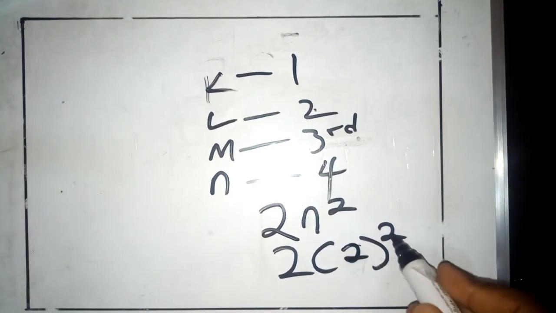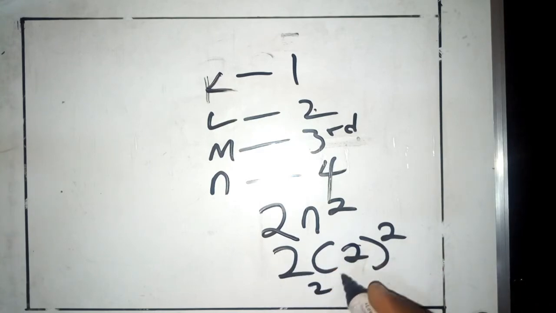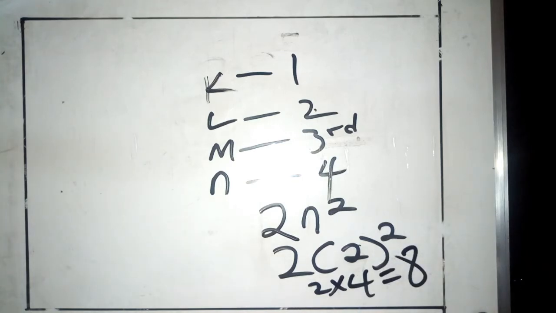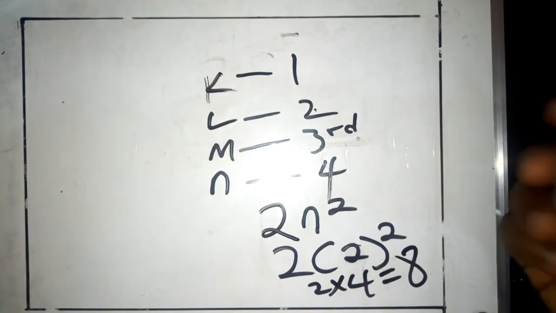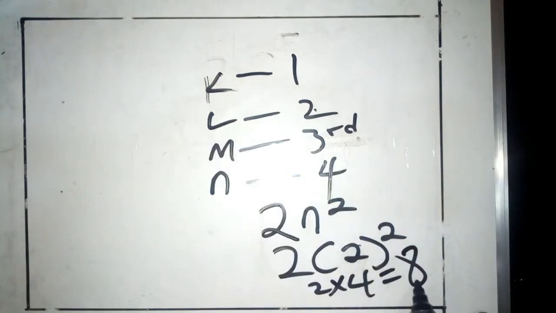So 2 times 2 is 4, then 4 times 2 is 8. So the maximum number of electrons in the L shell is 8.